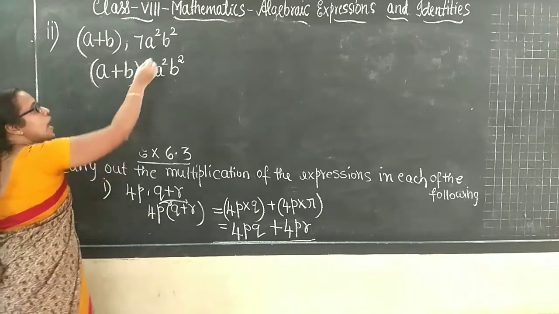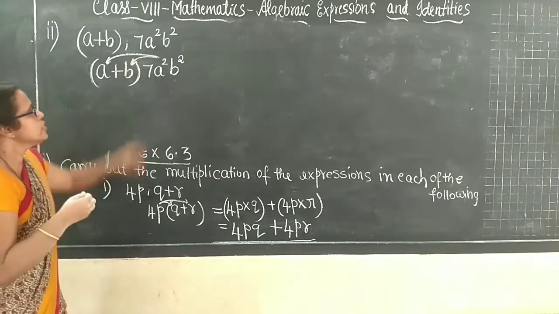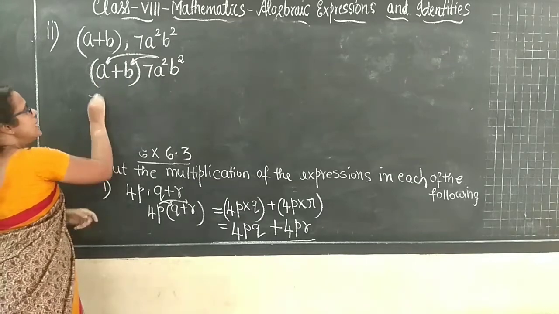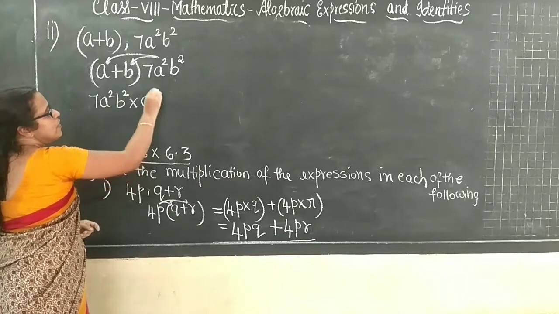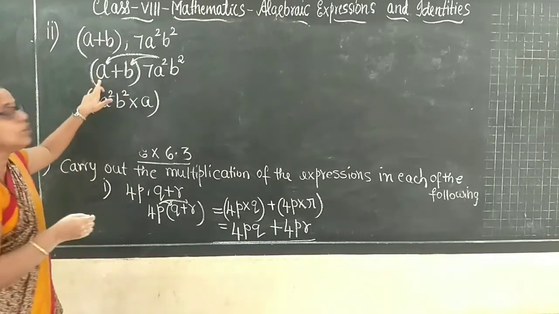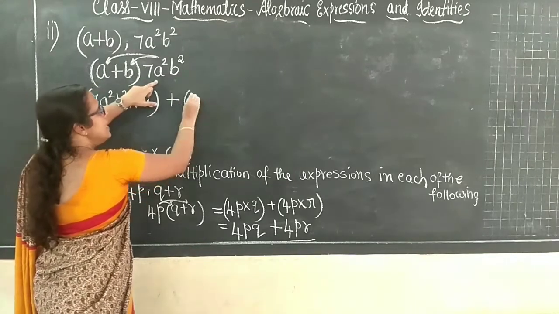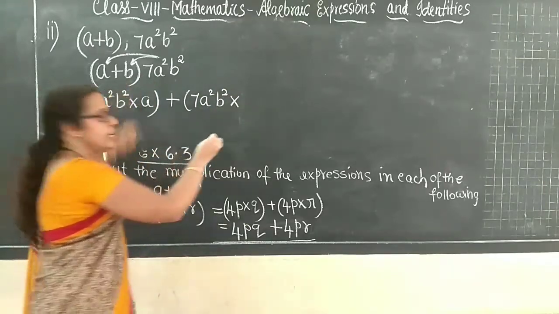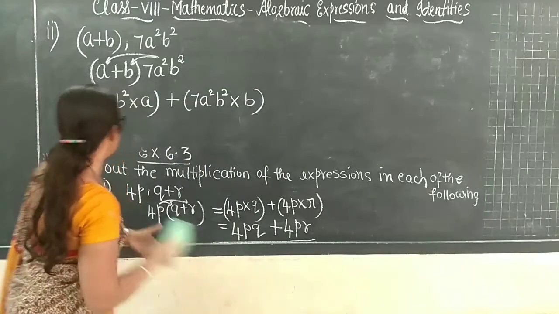But you have to multiply the outside term into the inside terms always. Got it? So 7a square b square into a plus 7a square b square into b.